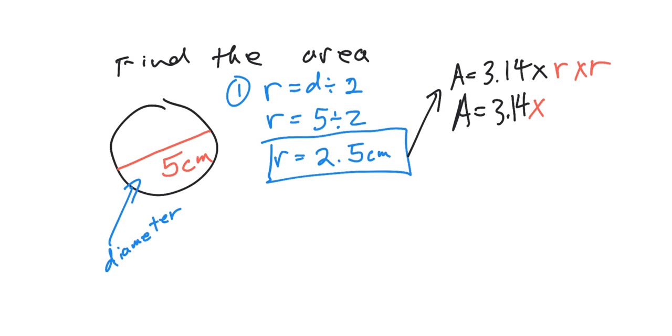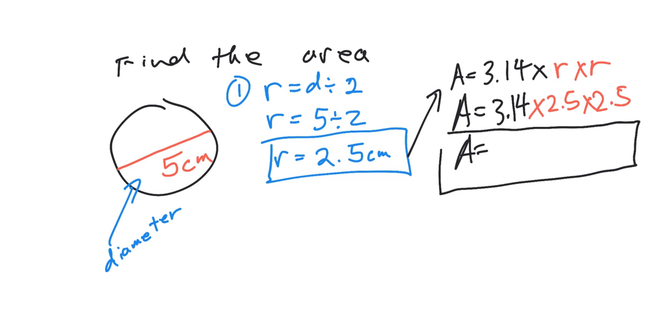So now let's do that. So we have times 2.5 times 2.5, and we have our area equaling some number that you're going to calculate using your calculator.